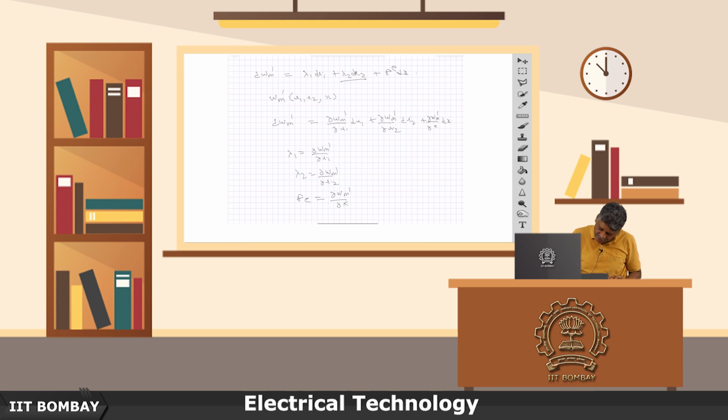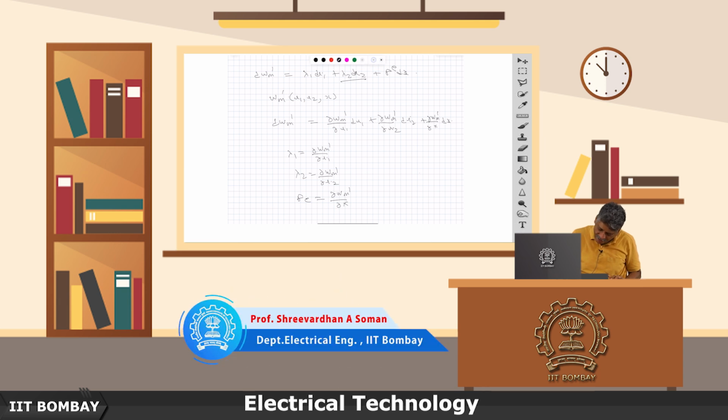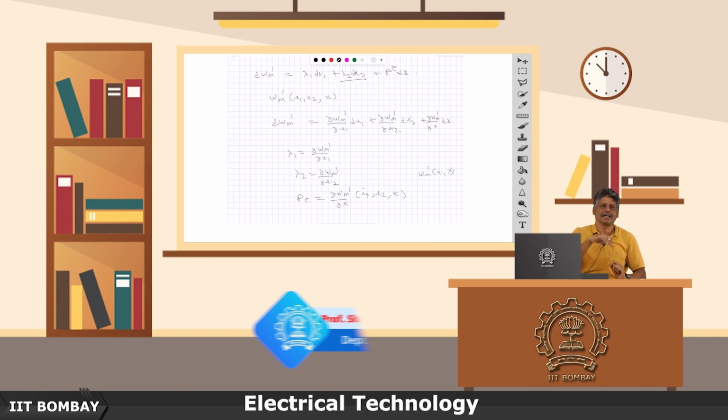So, only here the difference is, earlier this was only a function of I and x, now this is a function of I1, I2 and x, that is all, but other than that it is the same.